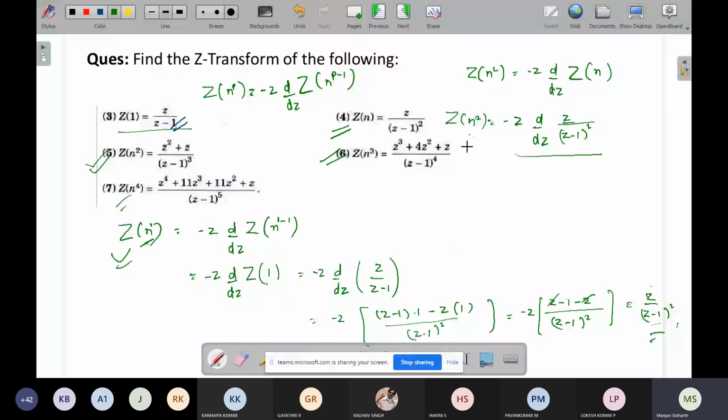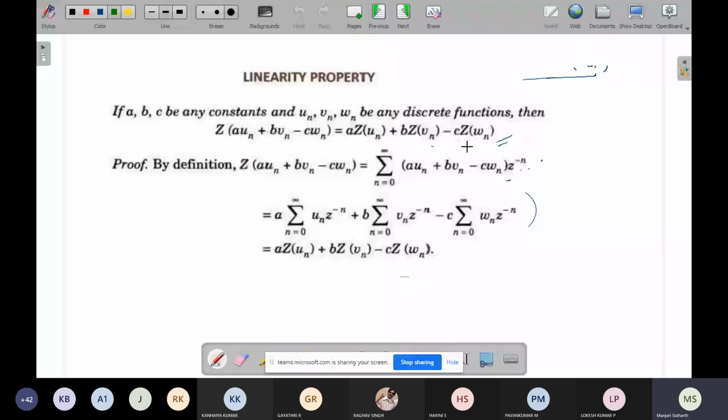So these were the formulas. Next we have the linearity property. Linearity means, like, the z transform is an operator which transforms a sequence to a function.